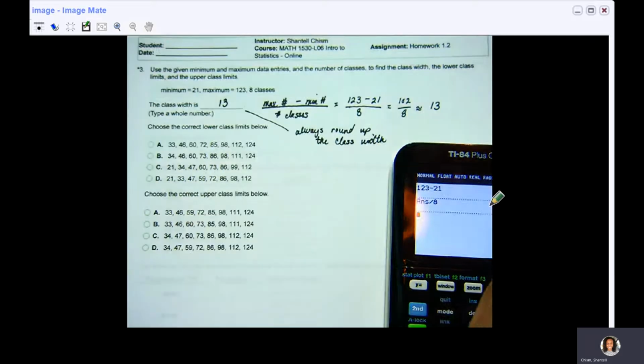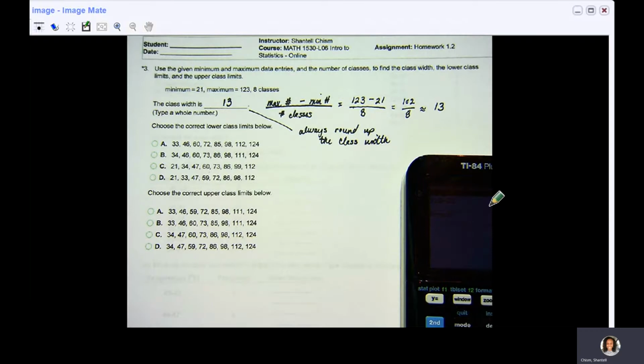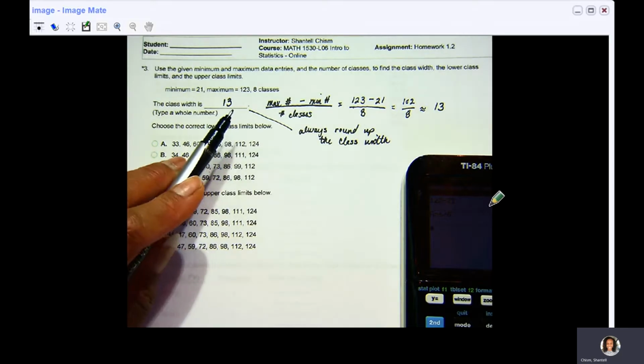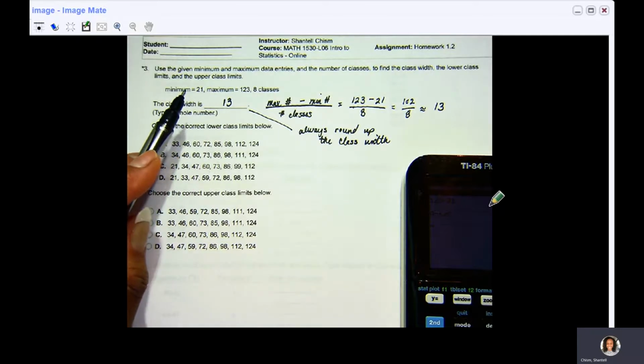Okay, now to get the lower limits, here's what you're going to do. When you're finding your class limits, your first class lower limit will always start with the minimum number, okay? Always start with the minimum number. Now, your last class may not end with the maximum though. That's not always the case, but it will always start with the minimum number.